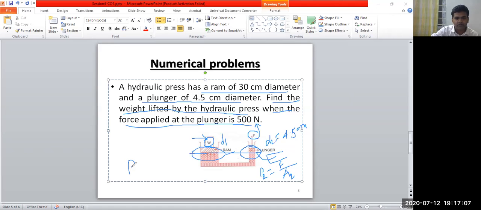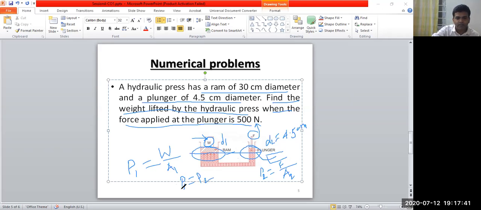So P1 equals force upon area, and force is nothing but the weight, so W upon area A1. A1 equals pi by 4 D1 square. D1 is given as 30 centimeter, and D2 as 4.5 centimeter. F is also given. So we have to apply Pascal's law. As per Pascal's law, P1 equals P2.